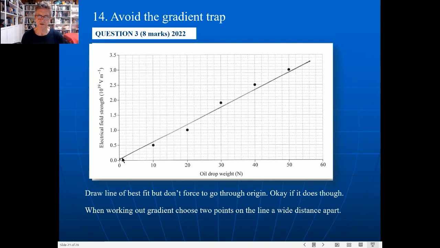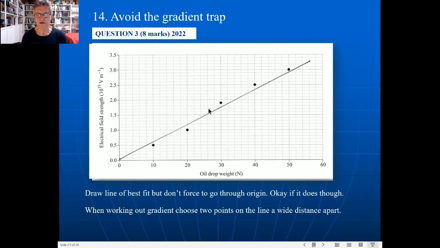Now my suggestion is don't use 0, because the marker will want to know that you used change in y over change in x. If you just choose a point up here and think, well, the other point is 0, so I don't even have to write down minus 0 and minus 0 for the horizontal, the marker could think you've just chosen a point and calculated the gradient from that point and not used 2 widely spaced points.